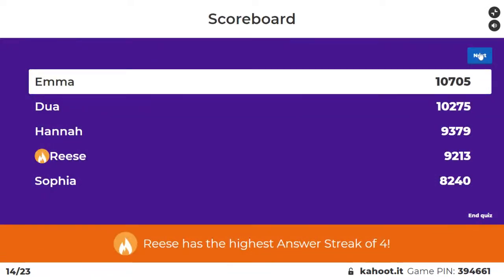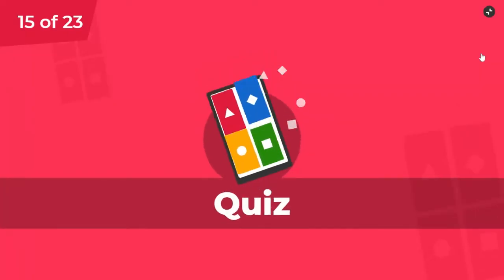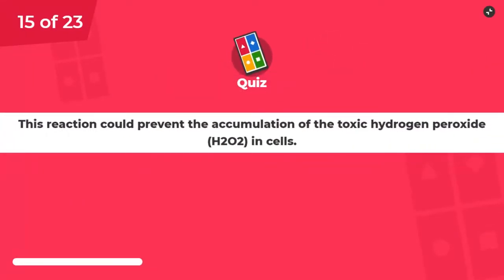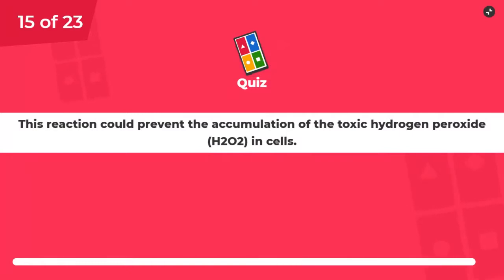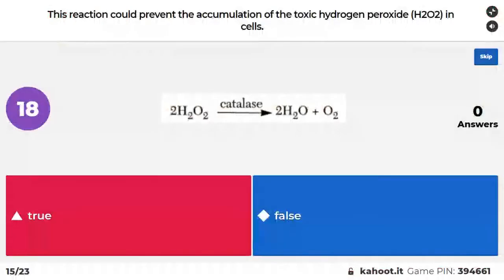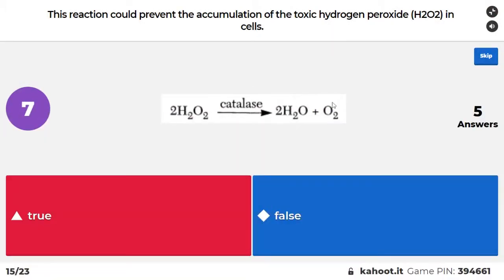Okay, good. Reese, answer streak of 4. Nice job. So H2O2 is hydrogen peroxide. And you have this enzyme catalase that breaks it into water and oxygen.